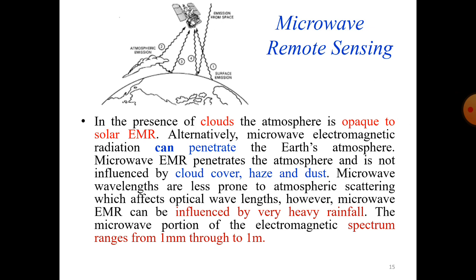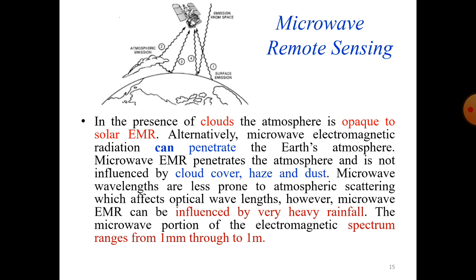Microwave remote sensing is widely used during climatic conditions when the atmosphere is filled with clouds, hazy particles or dust particles. It is because the wavelength of the electromagnetic spectrum it uses is between 1 mm to 1 m, that is, 1 millimeter to 1 meter of wavelength is the microwave spectrum.